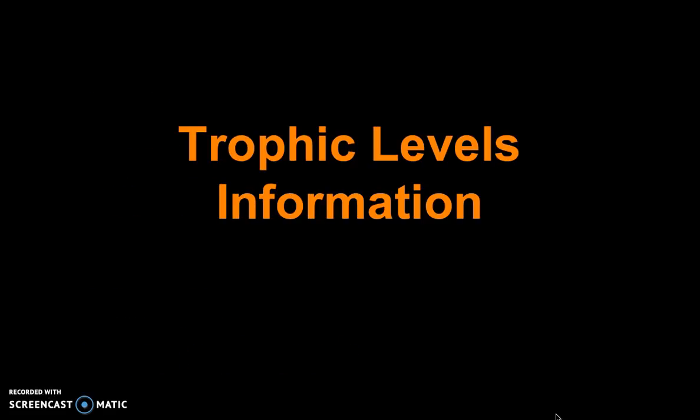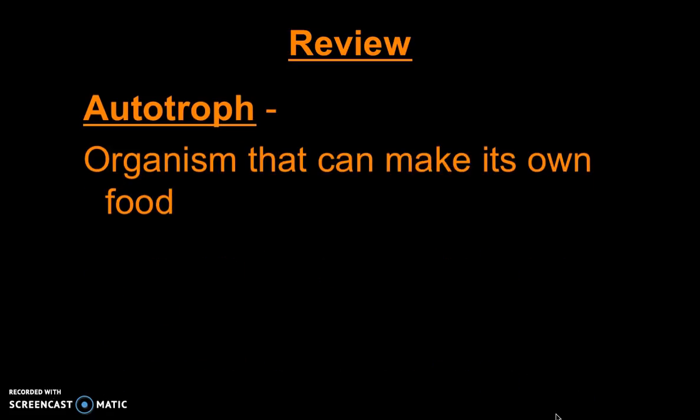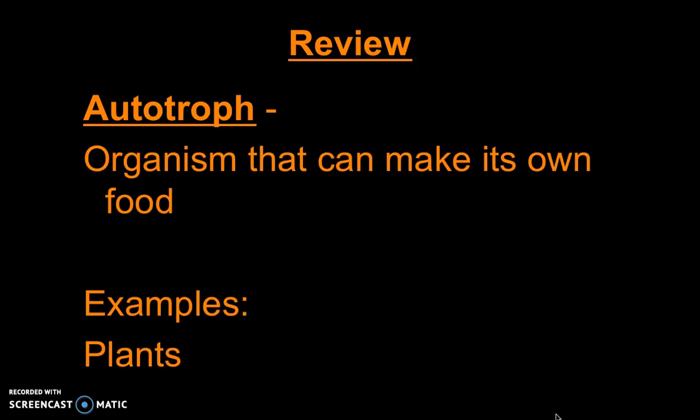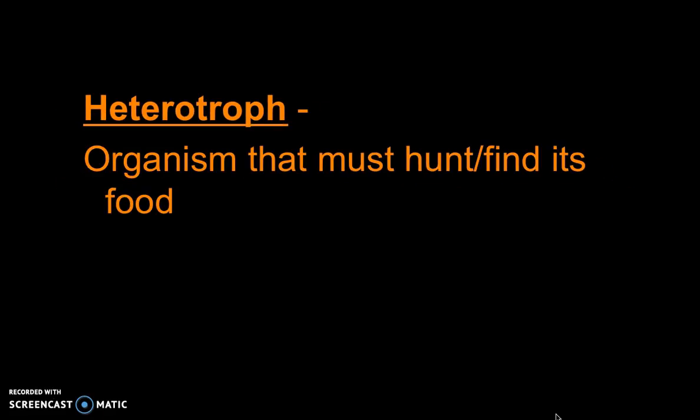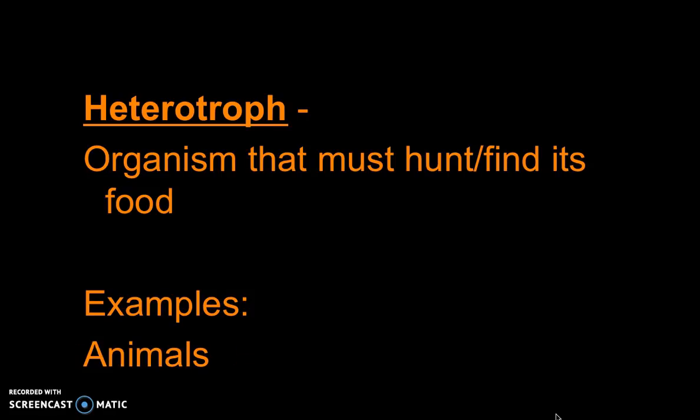Okay, so the next few words go along with trophic levels. Some of these words are going to be review, some of them are new. An autotroph is an organism that can make its own food. So these would be all of the plants. A heterotroph is an organism that must hunt or find its food, and the example I have is animals.